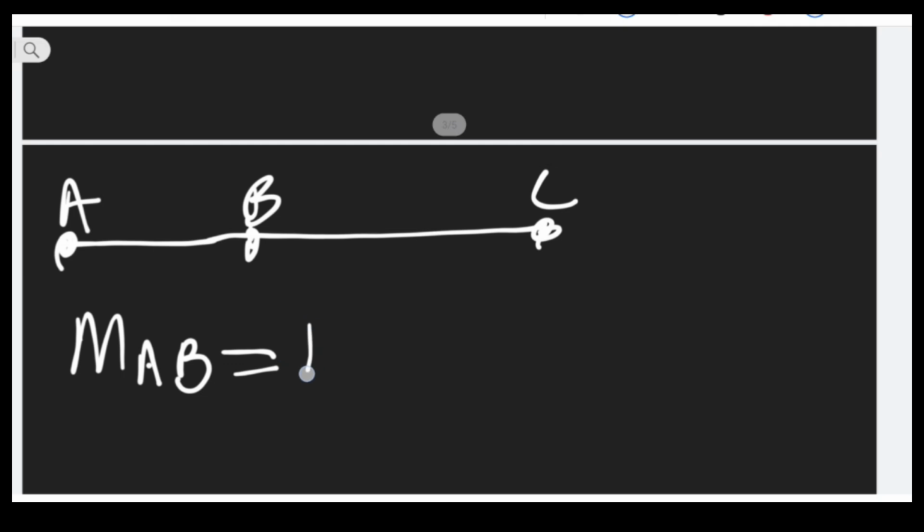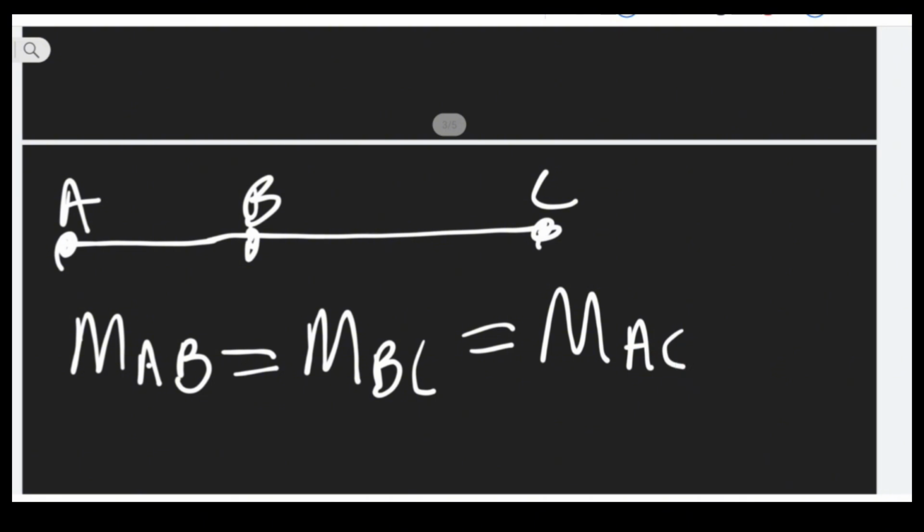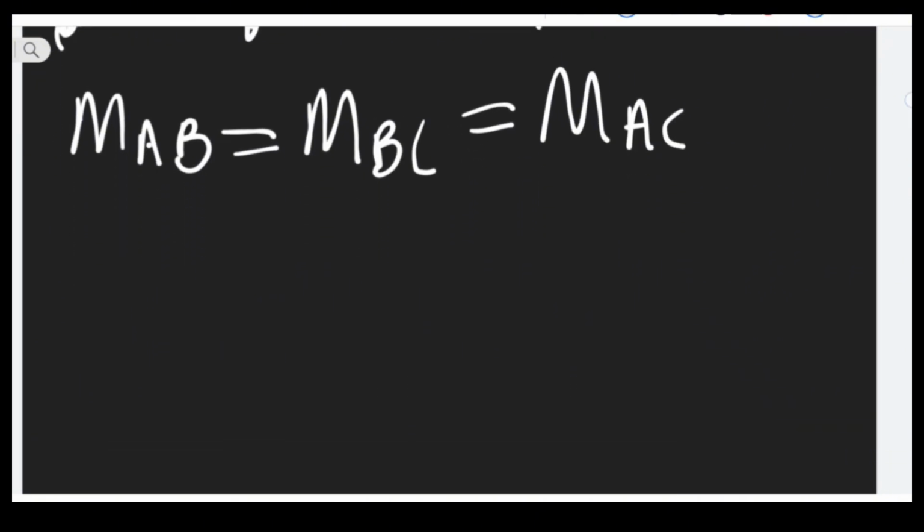You have point A, point B, maybe point C. If you want to calculate the gradient of this line, you can use any points on it. m of AB is the same as the gradient of BC, which is the same as the gradient of AC. So you can use any points on this line. Hopefully you guys are good.